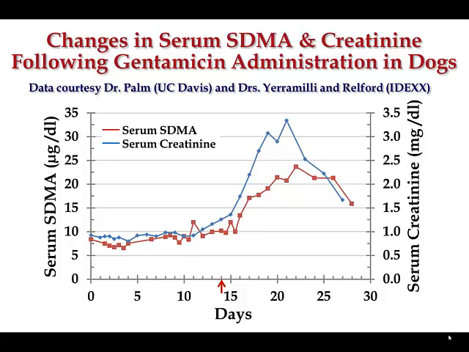But as a filtration marker, if we look in our gentamicin population, most of the data that I'm going to show you are from a study that we did in normal dogs that were exposed to gentamicin, and they were given gentamicin until their serum creatinine increased by 50%.